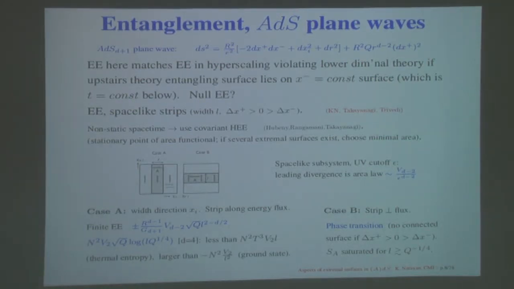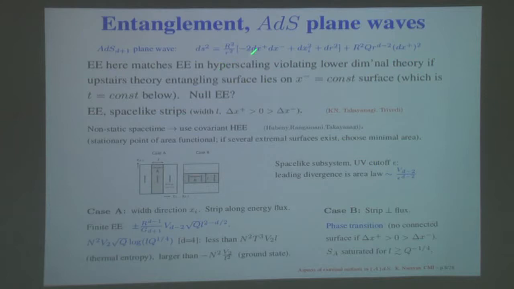So what I'm doing is that I started off with this low dimensional theory where I have time, and as per the operational procedure that you and Takayanagi do, you would take a constant time slice there and carry out the entanglement entropy procedure in the bulk. Lifting this essentially means that this entangling surface upstairs lies on an x minus equal to constant surface. This x minus is like cone time. Okay, so it's a little more, to be precise, but I'll get to that soon.